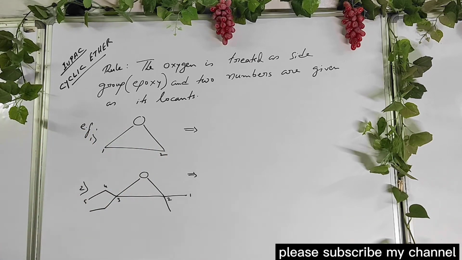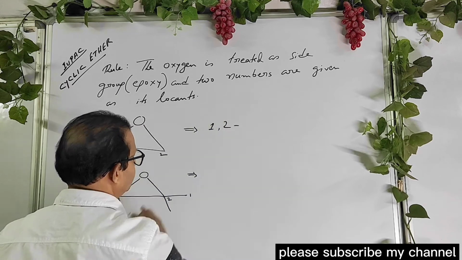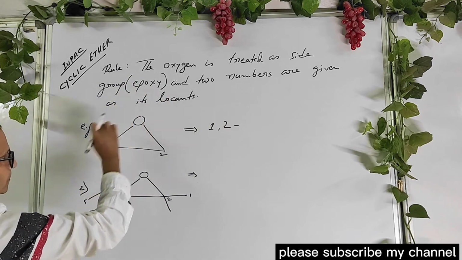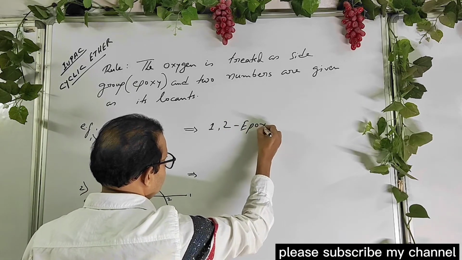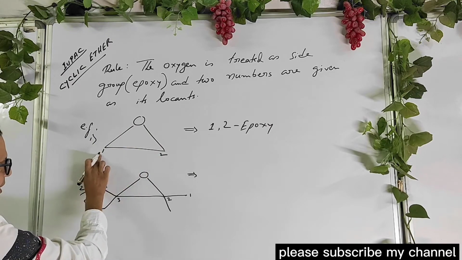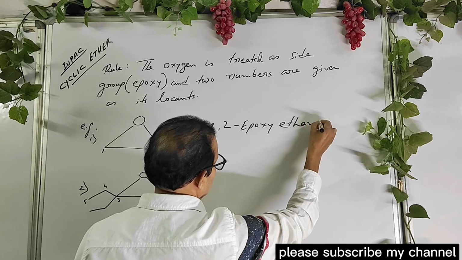So the IUPAC name of this compound is 1, 2 epoxy. Altogether there are two carbon atoms, so methane, ethane. Epoxy, ethane.